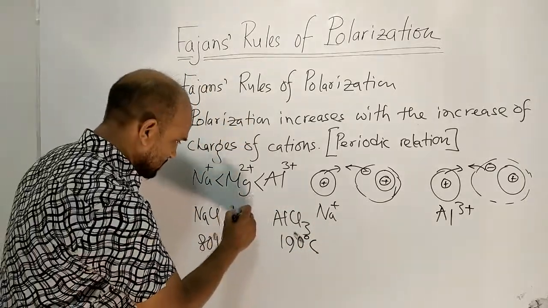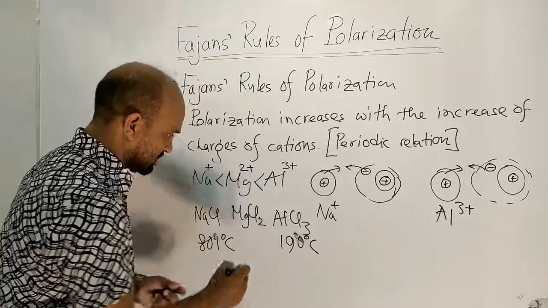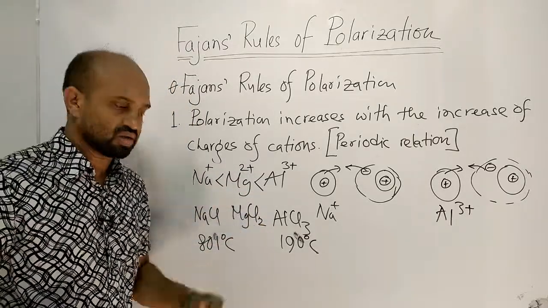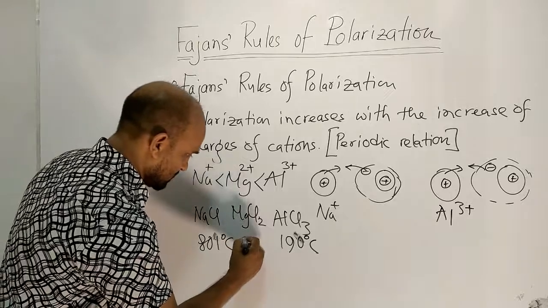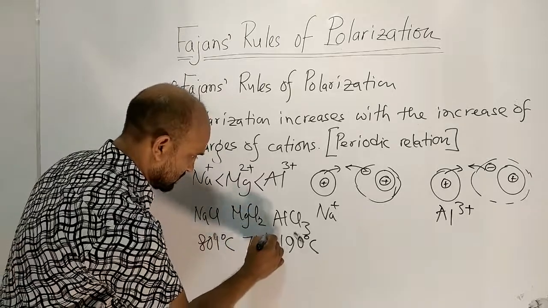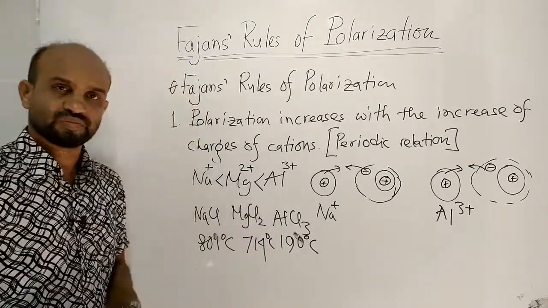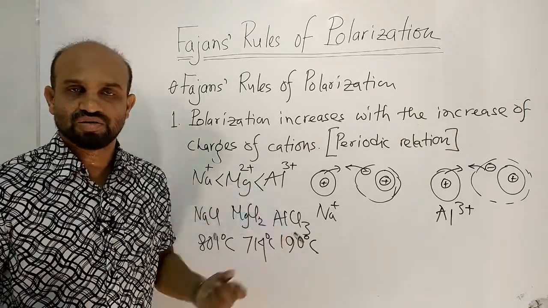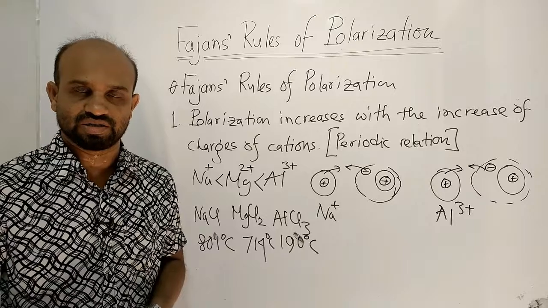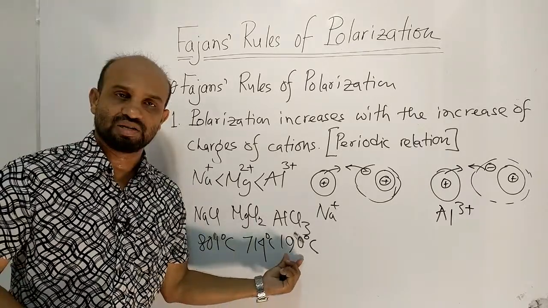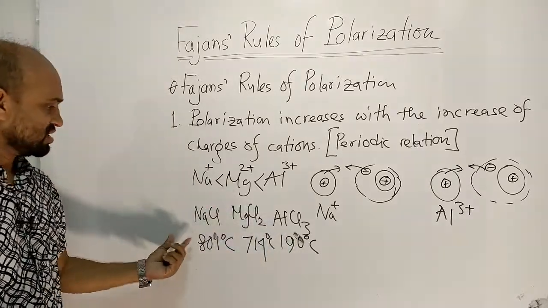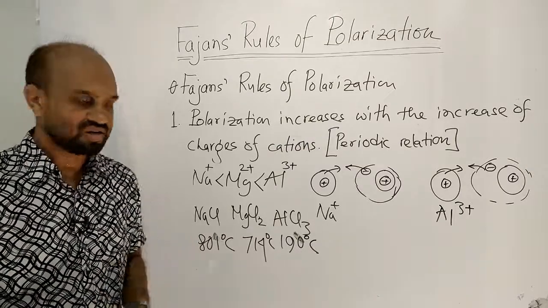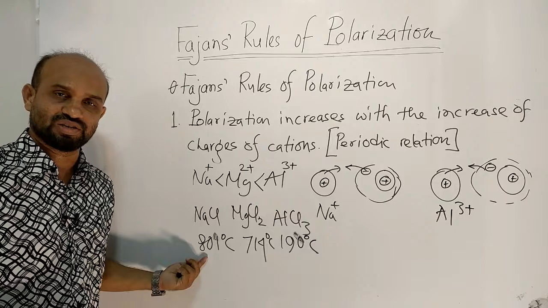And magnesium chloride, which is moderate in polarization, and here melting point is 714 degree Celsius temperature. So more polarization, more covalent in nature and less melting point. Here less polarization, more ionic, high melting point.